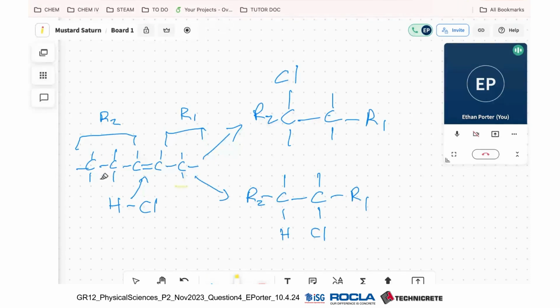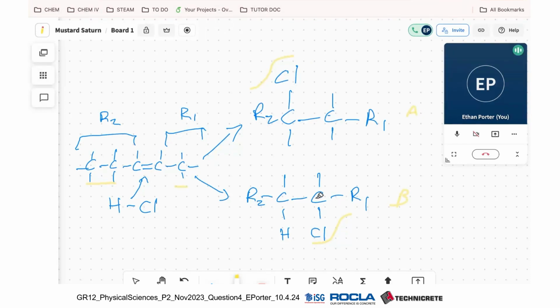As you can see, this is one carbon, this is two carbons. R1 and R2 are different. Technically, you have a different molecule if Cl adds closer to R1 or if it adds closer to R2. So the answer to this question is basically this is A and B. It doesn't matter which way you denote it.